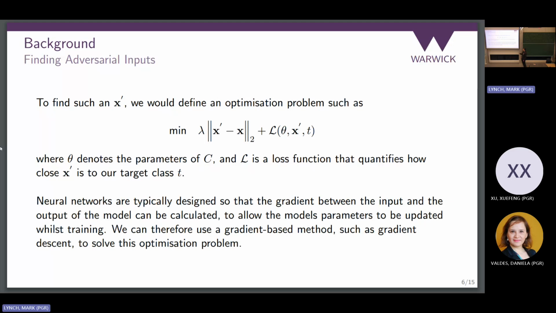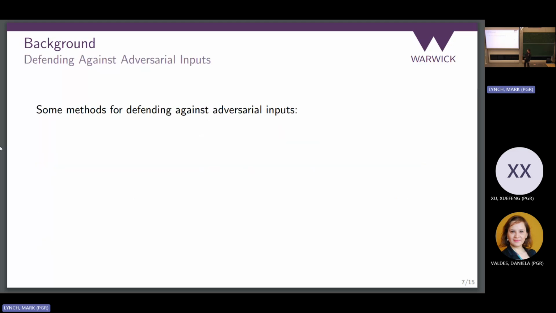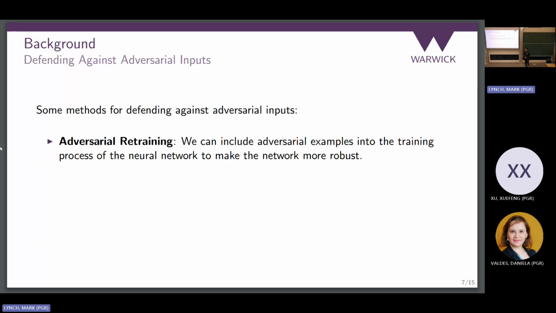Okay, so this is attacking, or finding adversarial examples. I'm interested at the moment in finding defenses against such examples. A couple of methods that have been used: one of them is adversarial retraining.